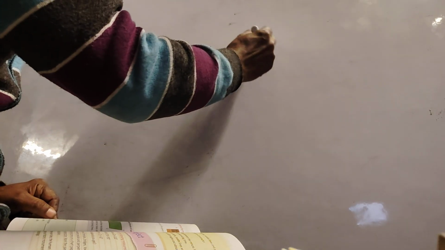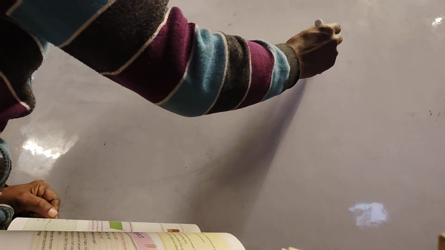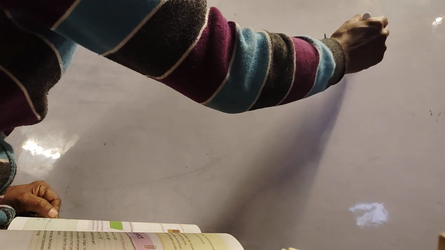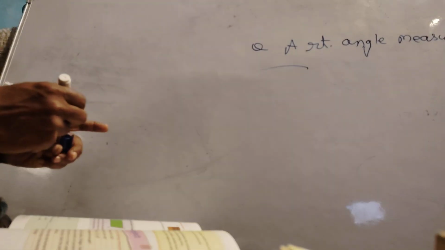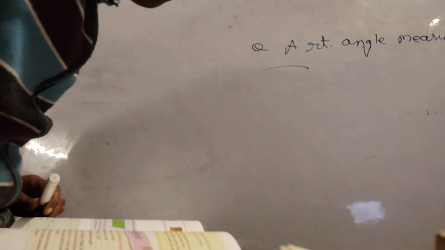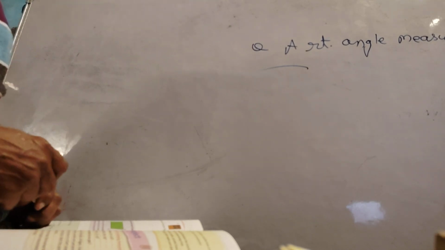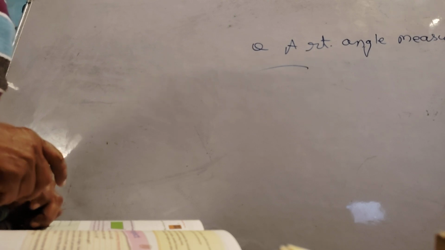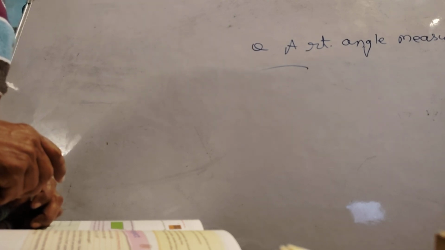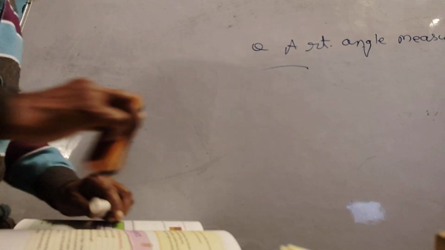Now the second fill in the blanks question is: a right angle measures dash.